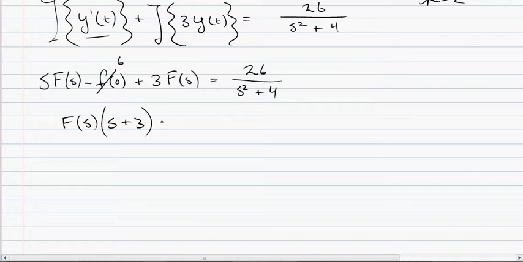So we'll add that to both sides. And we'll get 26 over s squared plus 4 plus 6. And then we'll divide out s plus 3.